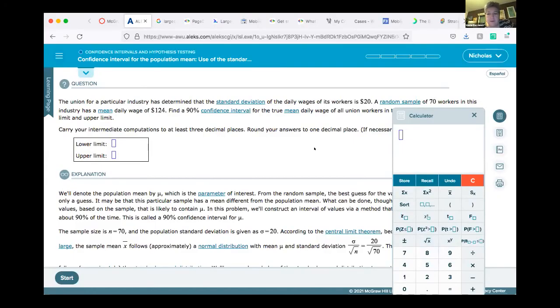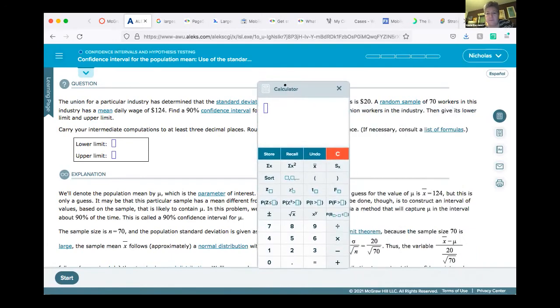Gotcha. Okay, so you're going to go over here. Let's do a fraction. Let's do 73 over 150. Scooch over and then plus or minus. Do you have that key? Uh-huh. And then your critical value, which is 1.645.